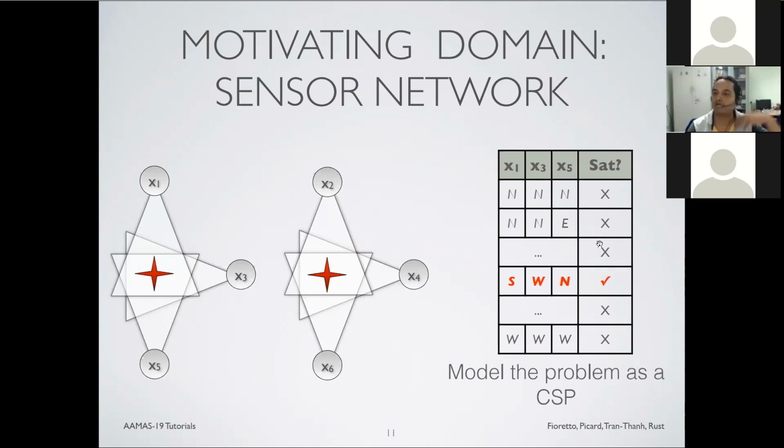Then it will be a constraint optimization problem, and our objective is to maximize the payoff. I will be coming to that.